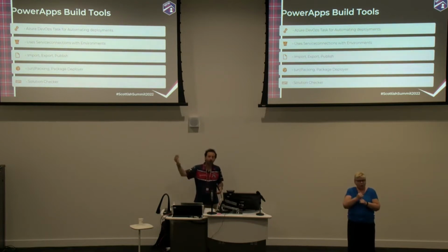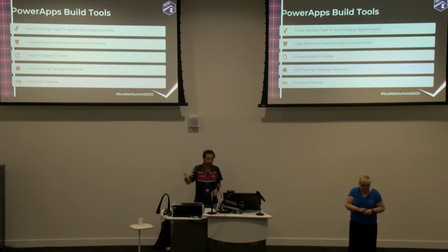So imagine you have a solution in Power Platform, and now, if you want to do it manually, let's say you want to push your application from the development to the production environment, you select your solution, you click on export, and then you take this zip file, you go to the new environment, and you click on import, and then you have to update the service connection, and if you have some environment variables and so on.